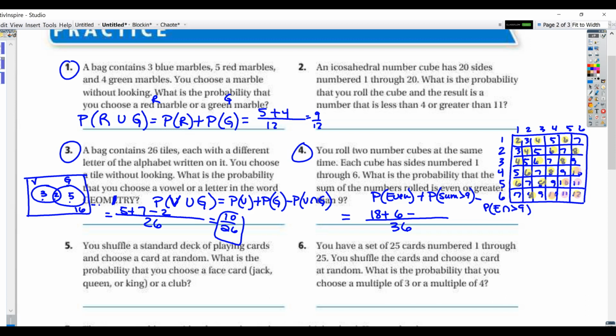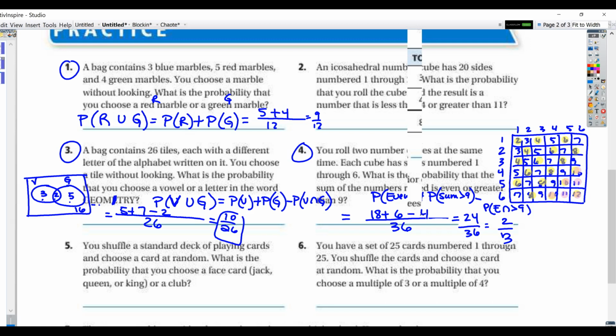So how many is it? It's not all the pink ones. It's just 1, 2, 3, 4. So I'm going to subtract out the 4 here. So I'm going to get what? 24 over 36. Okay, very good. So that's going to simplify down to 2/3. Okay, so that's number 4.